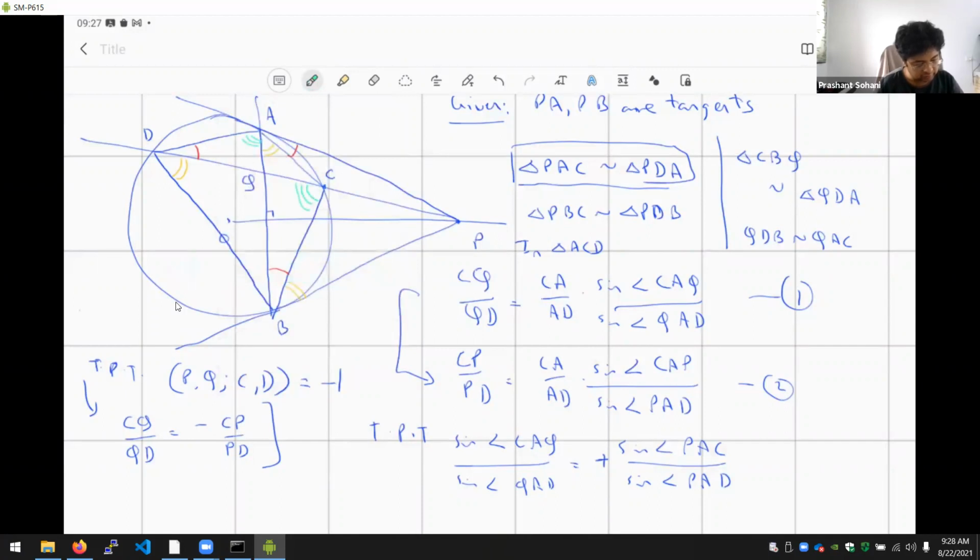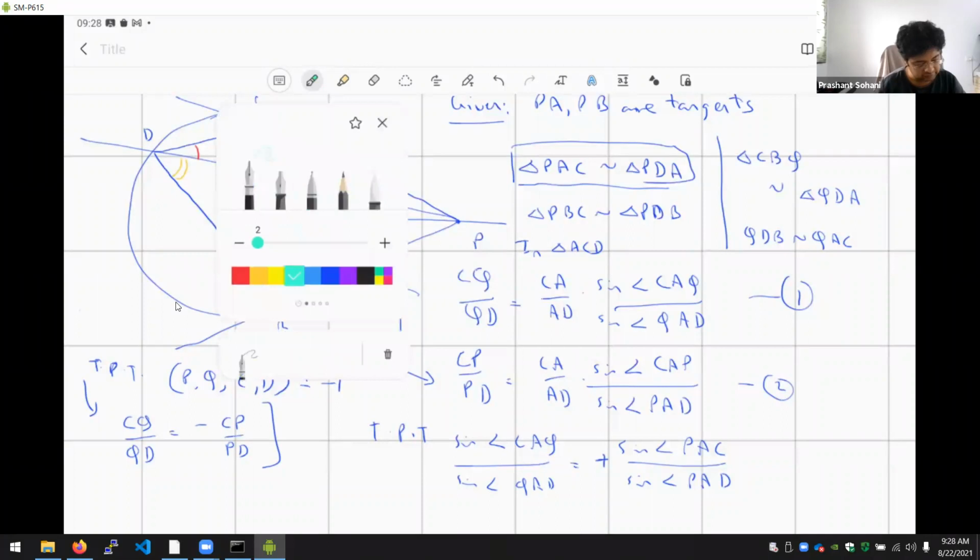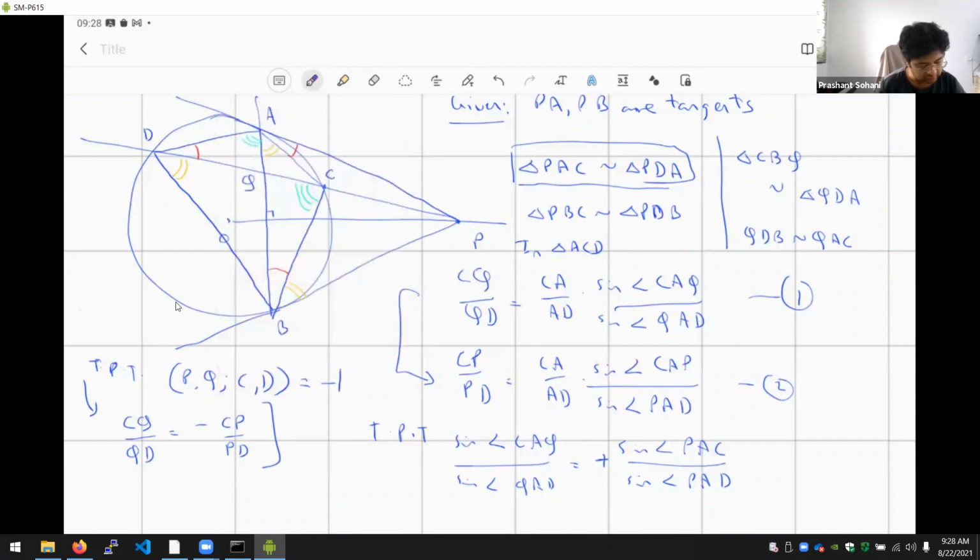But this blue angle and this blue angle are equal. And so basically if I mark the colors, the angles which we are interested in here, I will need lots of colors, but still. So what are the colors?